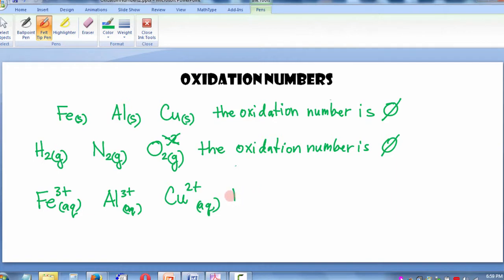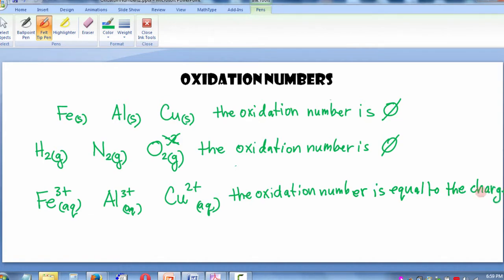Well, the oxidation number is equal to the charge. So this oxidation number would be +3. This oxidation number would be +3. This oxidation number would be +2.